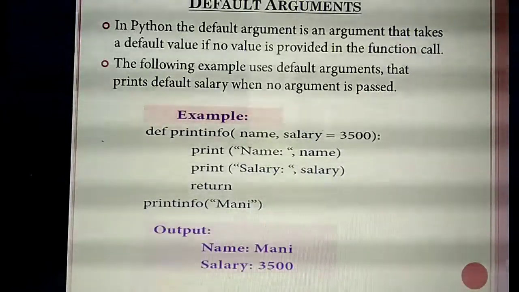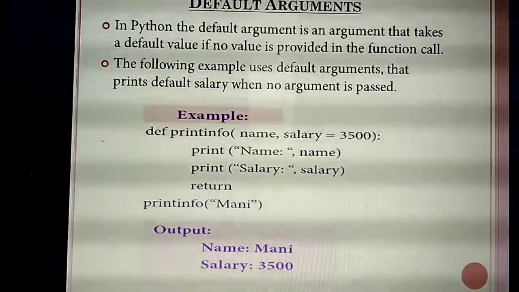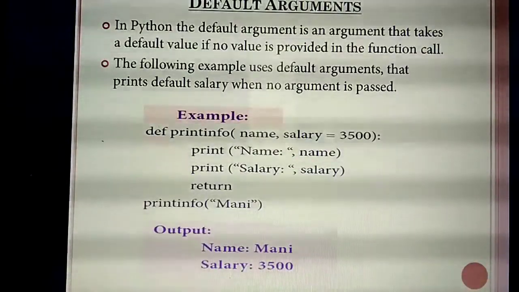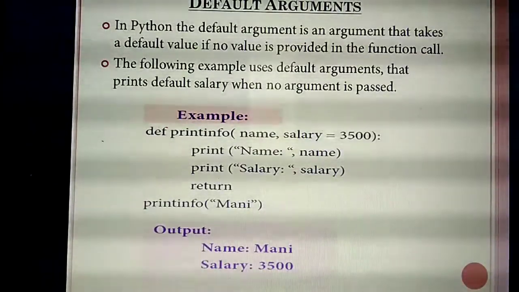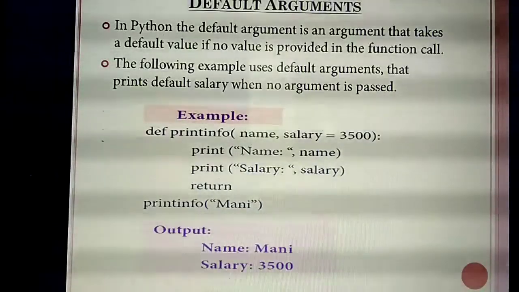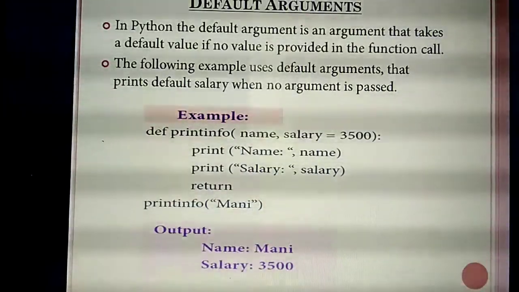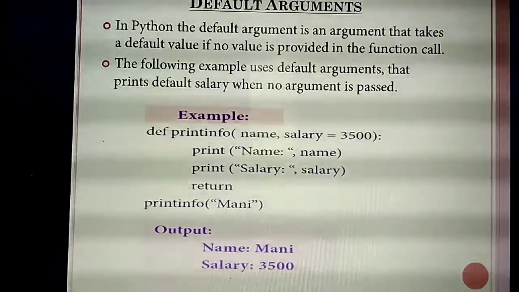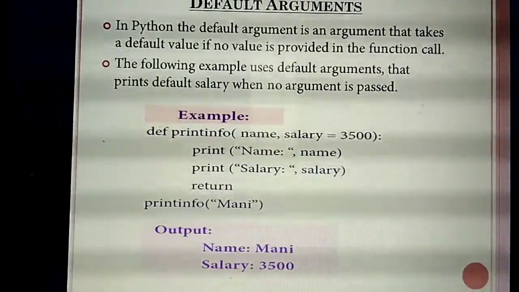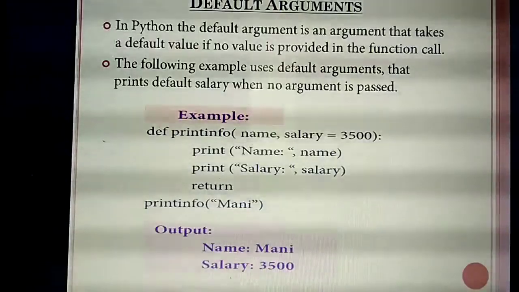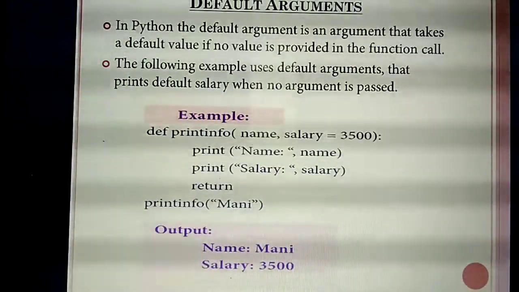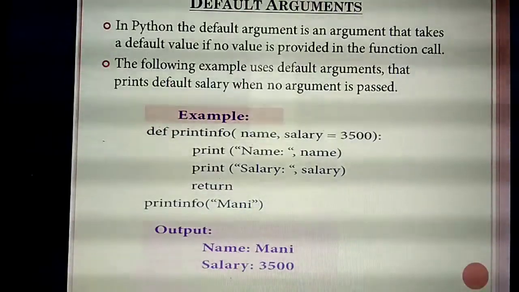So when you declare 2 or 3 arguments, for example 2 arguments, but you are not passing a value to one of the arguments, you can give some default values.